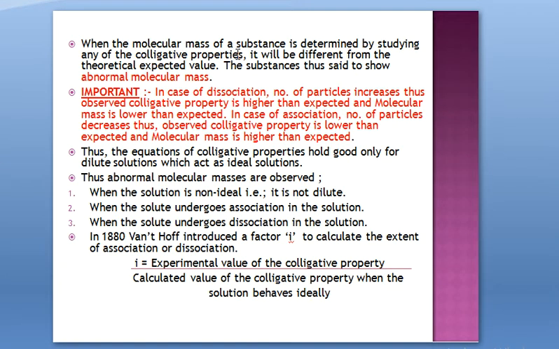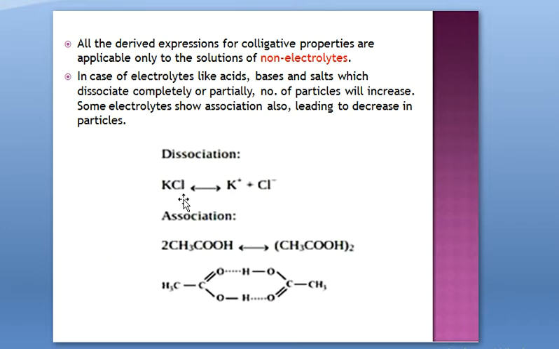Thus, when the molecular mass of a substance is determined by studying any of the colligative properties, it will be different from the theoretical expected value. What were we expecting? We were counting KCl as 1 particle. We were counting 2 molecules of CH3COOH as 2 molecules. That is our expected value.